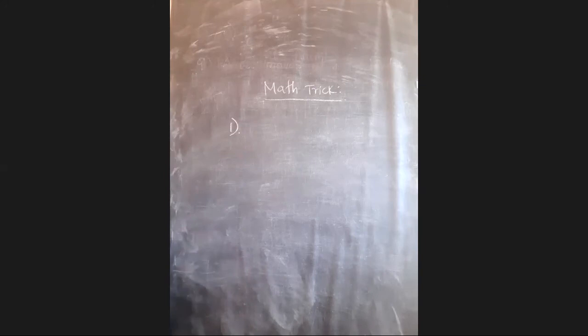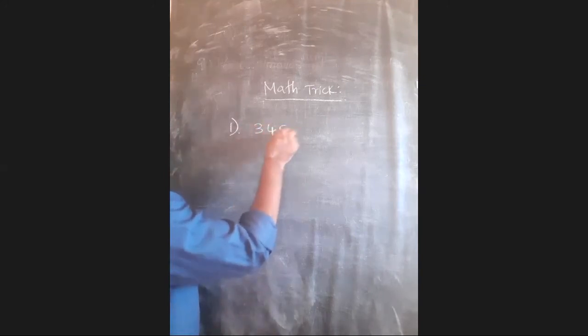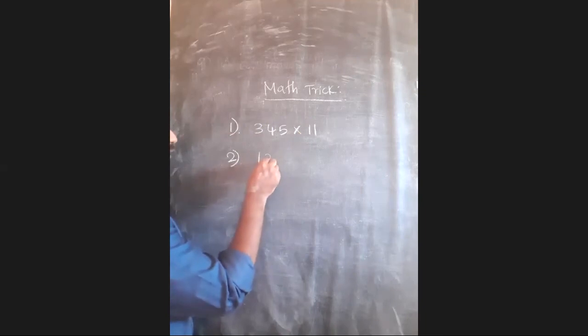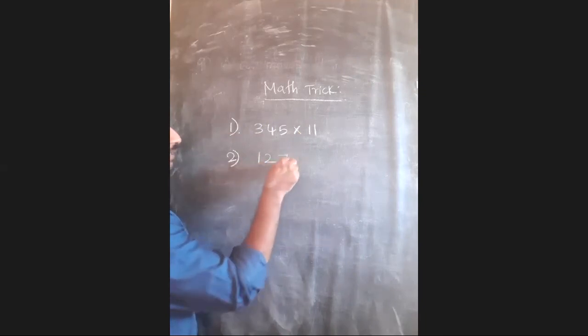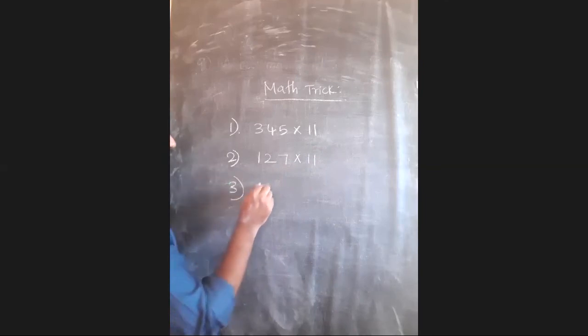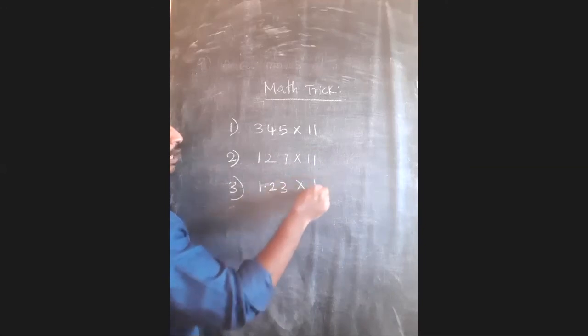Question number 1: 345 into 11. Question number 2: 127 into 11. Question number 3: 1.23 into 1.1.